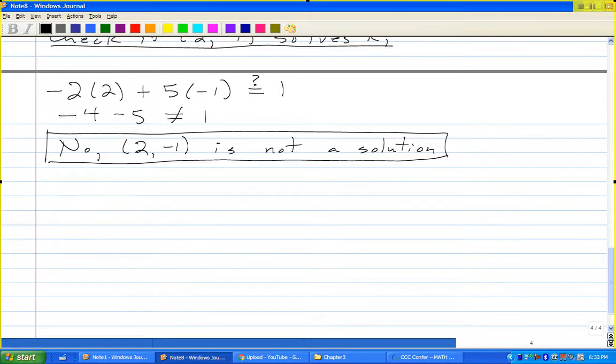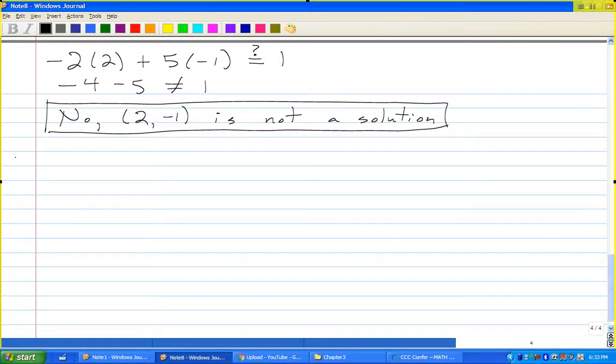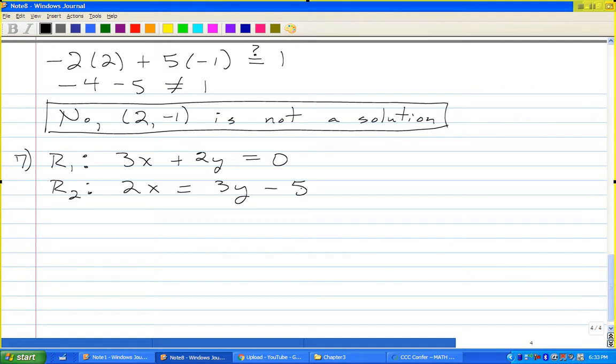Let me do problem number 7. Call this R1: 3x plus 2y equals 0. R2: 2x equals 3y minus 5. And so, is (-2, -3) a solution?